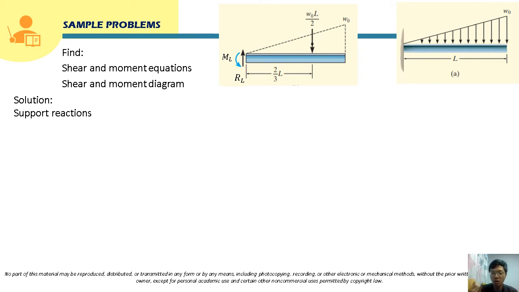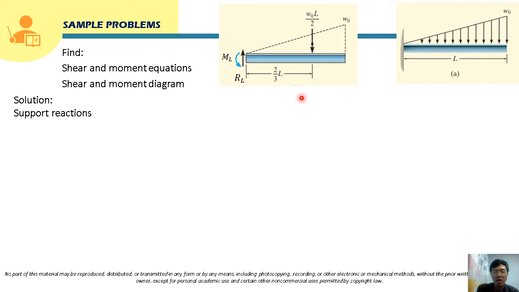So there will be horizontal reaction, there will be vertical reaction, and a reaction moment. Okay, so in this case, class, there will be no horizontal reaction since there is no horizontal applied loading. So we will only have here one vertical reaction, and we will name that as R sub L. Okay, and we will also have here a moment reaction, and let's name it as M sub L.